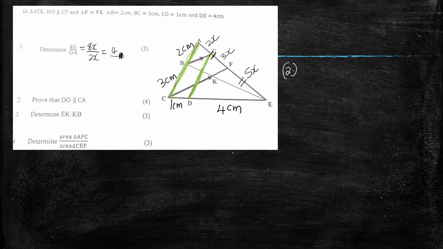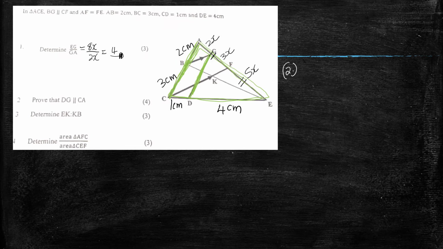Can you see that those two lines are really corresponding properly with the triangle AEC? Can you see on that bigger triangle? So how can you prove that this line is parallel to this? Okay, we can use the converse proportionality theorem.